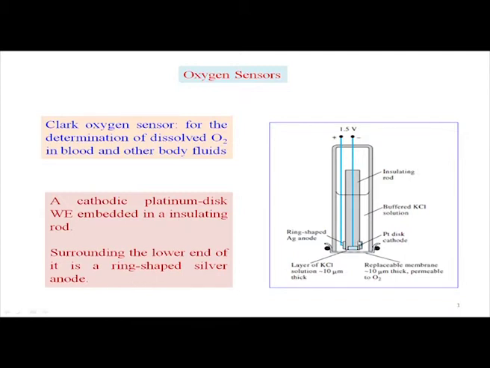So you have the disc and the ring, and this arrangement is known as the ring disc or disc ring electrode.